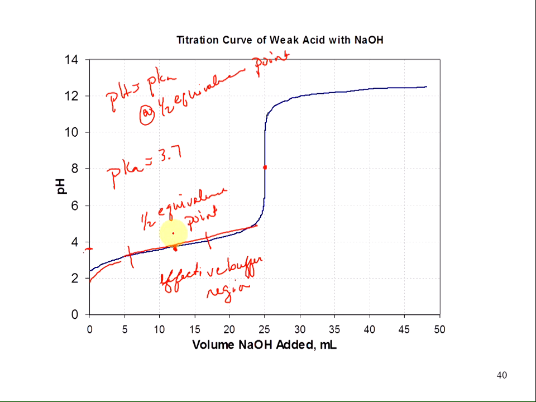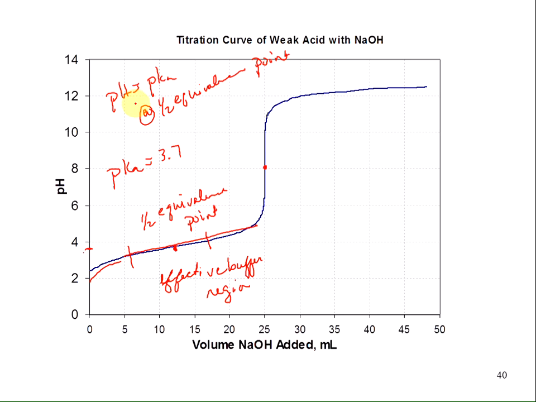And so in this buffer system, it would be effective from about 4.7 to 2.7. So notice that that's where we get this idea of the effective buffer region, because you have very little change in the pH when base is added.